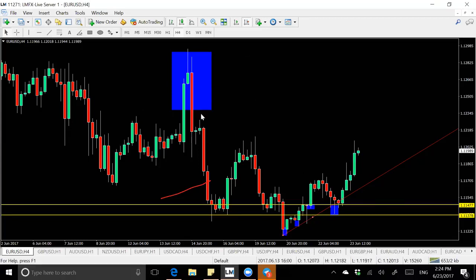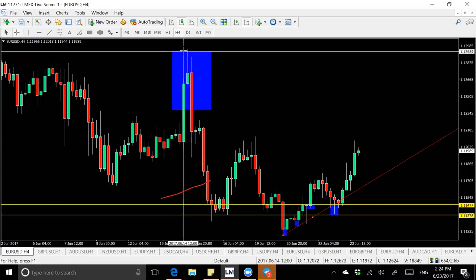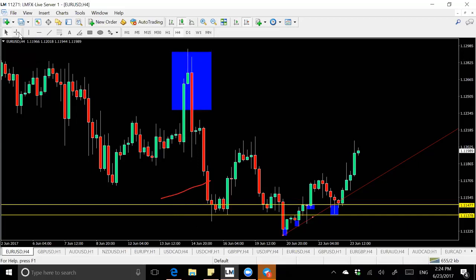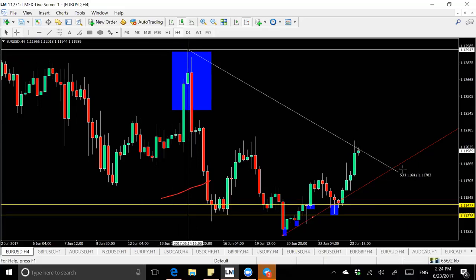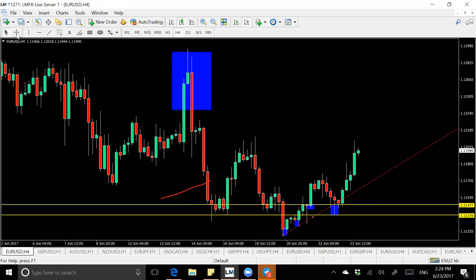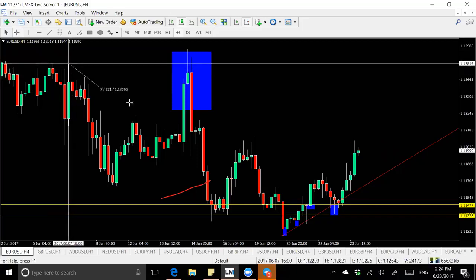So you see this here? This is a beautiful example. You could have drawn it like this, but if you knew that price doesn't exist, you would have gone like this, and that's your beautiful trend line.